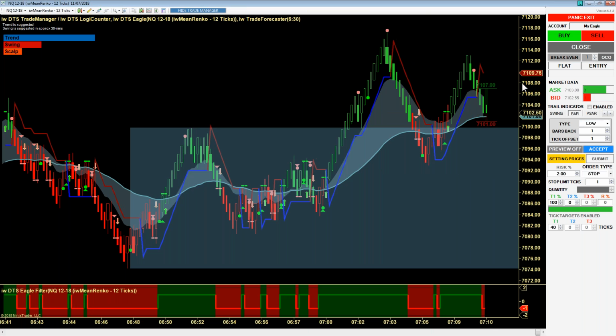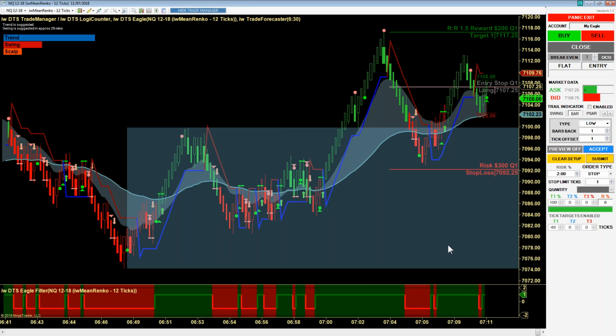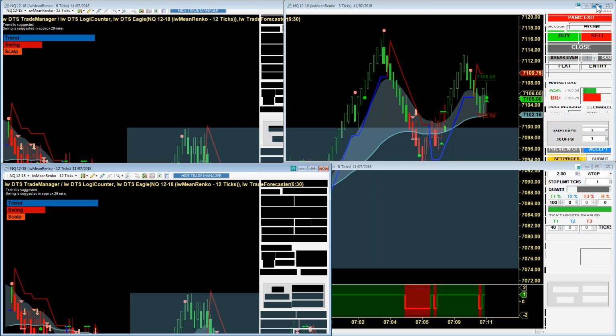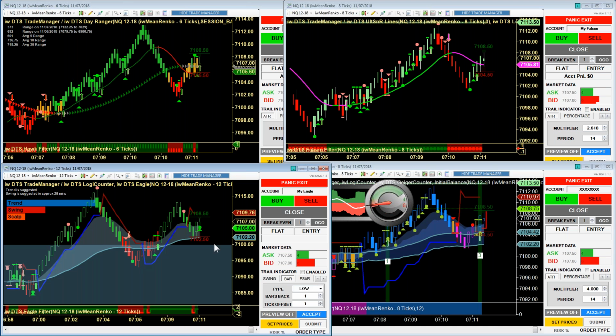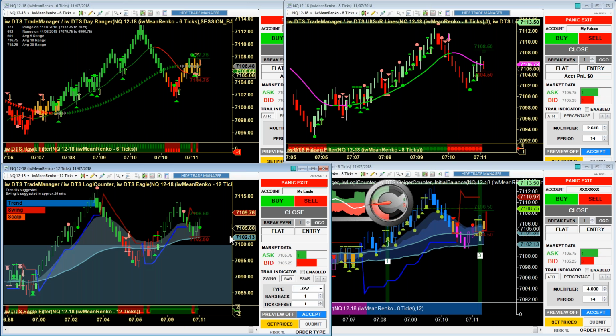Had I entered by the time I saw it, well, I'd be sweating the trade right now, or I'd have to reduce my profit objective, either or. So that was a nice little retest of that trading zone.